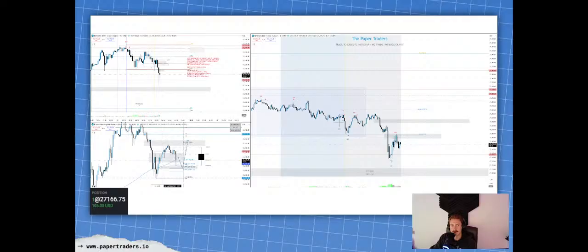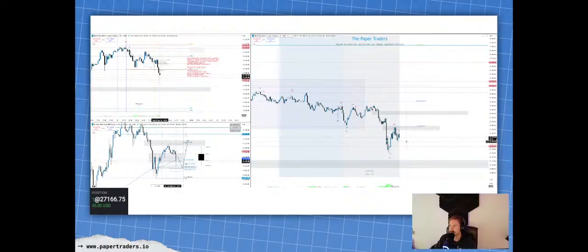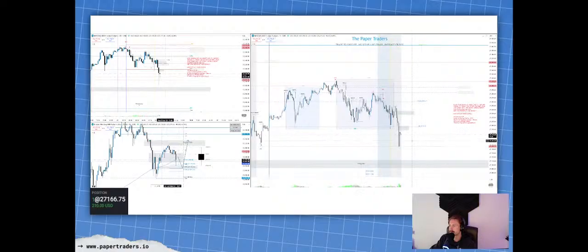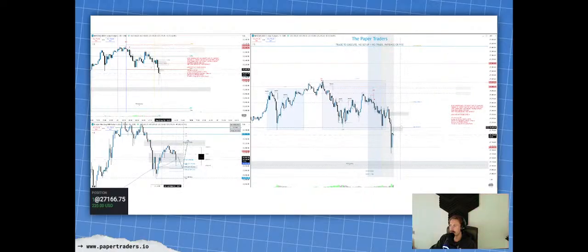We did not sweep that previous 15-minute or previous 5-minute high either. See, rejected right out of that 5-minute fair value gap. So the idea is that if they can break back above this, there's potential for us to go to that opposite side, right?